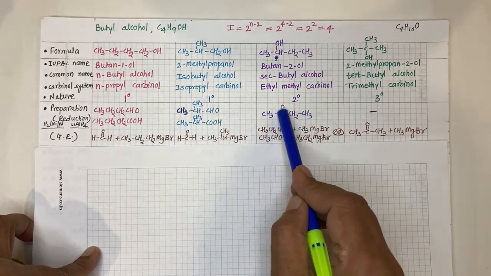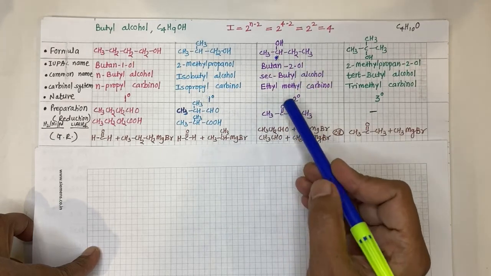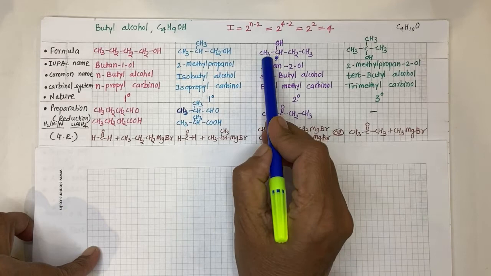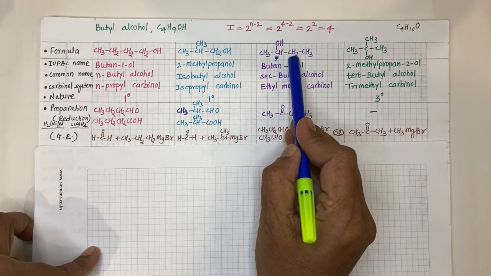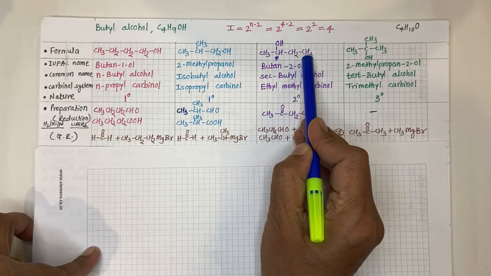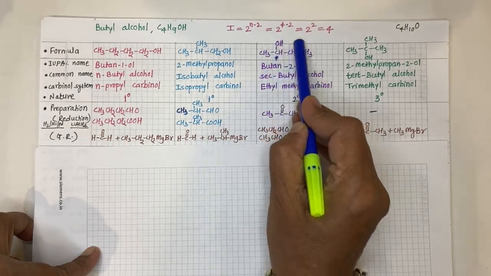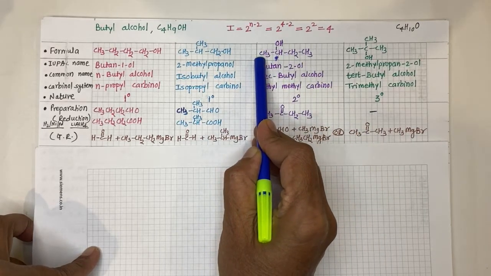Now here this is a secondary alcohol, therefore we require an aldehyde other than formaldehyde. Now see here, if we use acetaldehyde, then we require ethyl magnesium halide. If we use propionaldehyde, then use methyl magnesium halide.